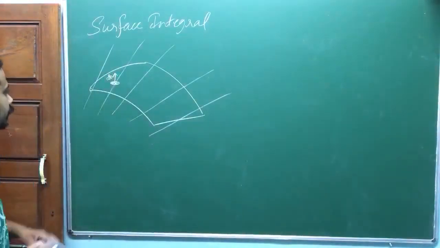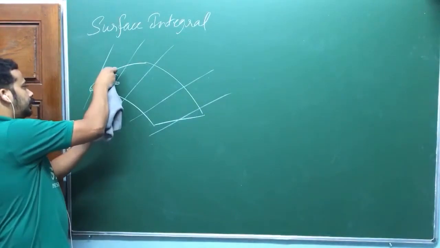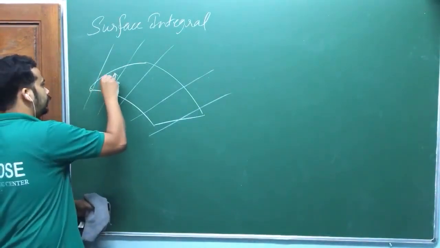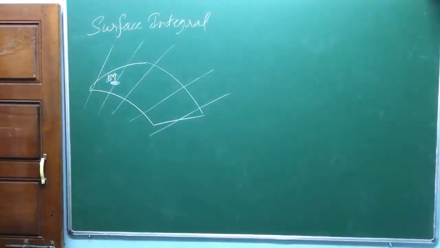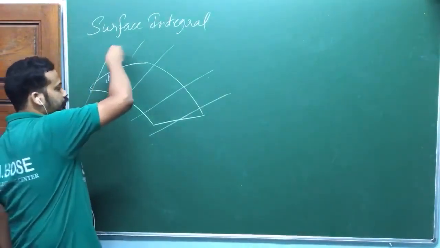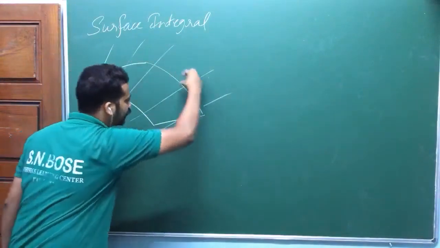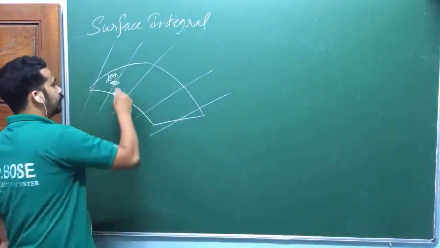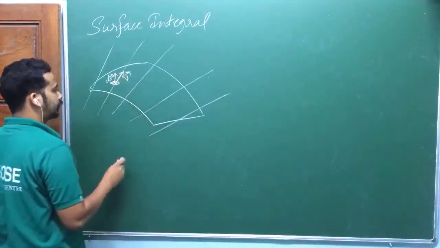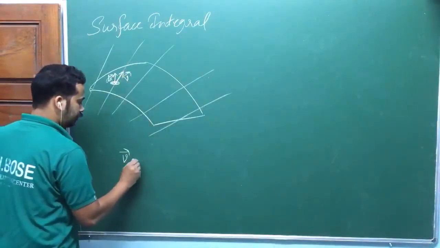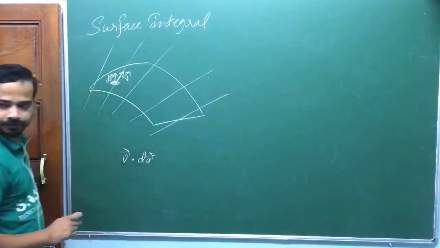This is an open surface, so dA vector you can choose like this or the opposite. You take this kind of patch of area at each and every point on the surface, and take the dot product of that area vector with the vector field. Vector field dot dA.